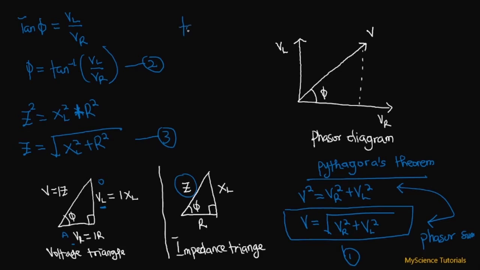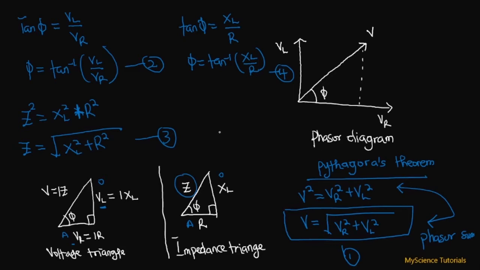So that will give us tan theta, or tan of the phasor angle, to be equal to the opposite, which is the inductive reactance, over the adjacent, which is the resistance over here. So to find this, we just find the tan inverse of XL over R. So this is another equation that is also very important for us to look at.